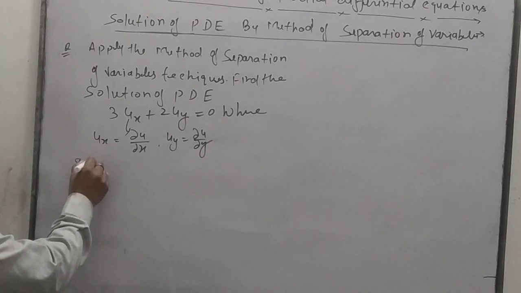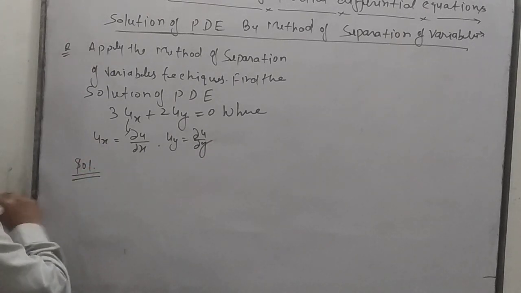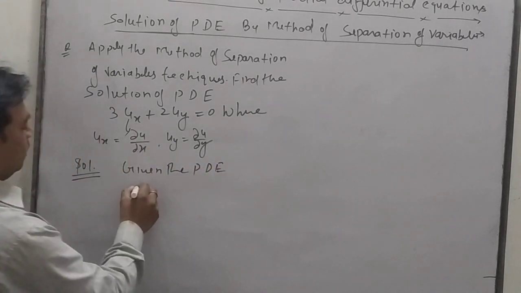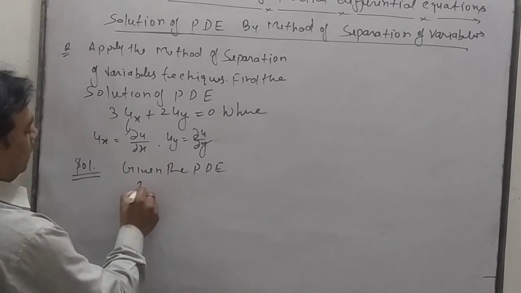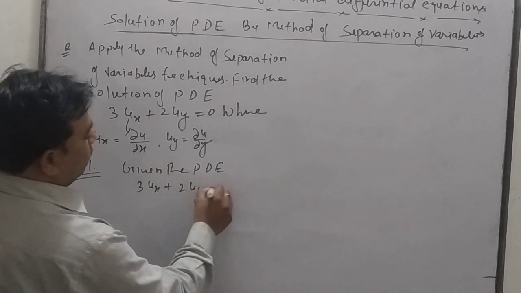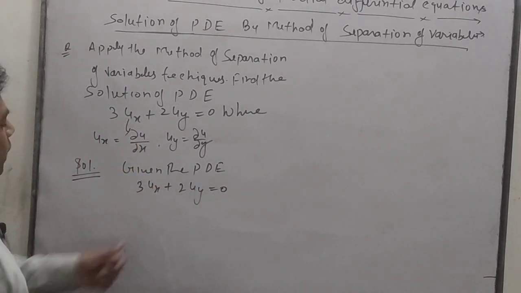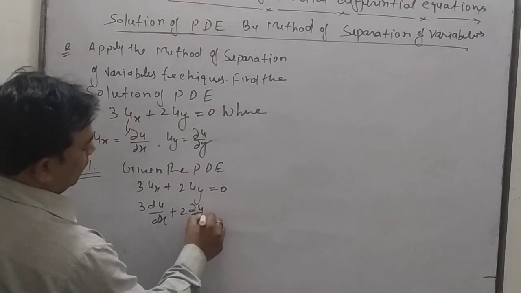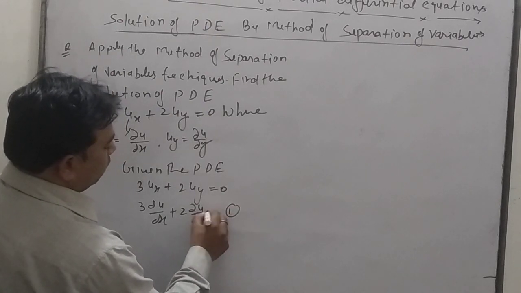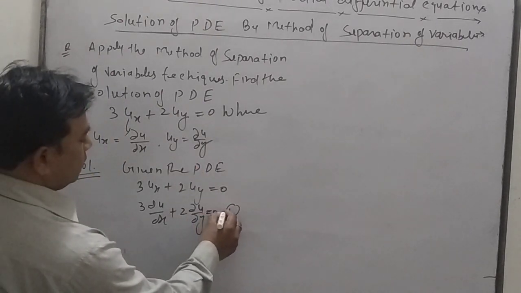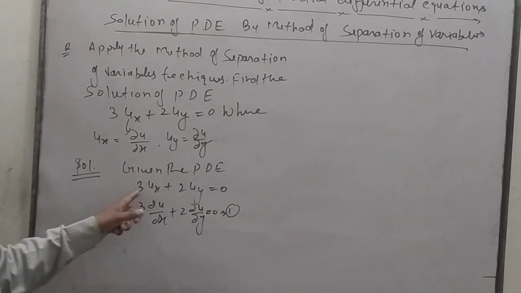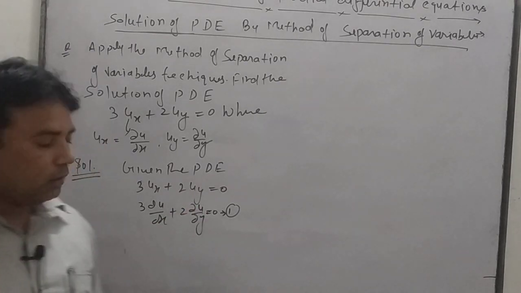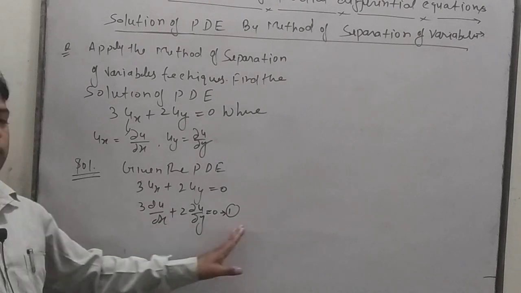Given the PDE 3u_x + 2u_y = 0, we write 3 del u over del x + 2 del u over del y = 0. Let this be equation number 1.